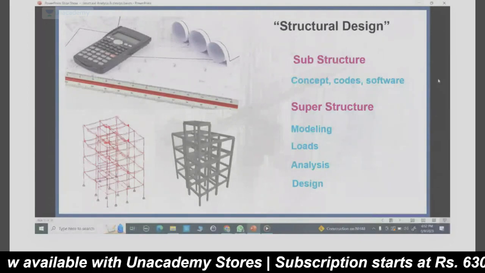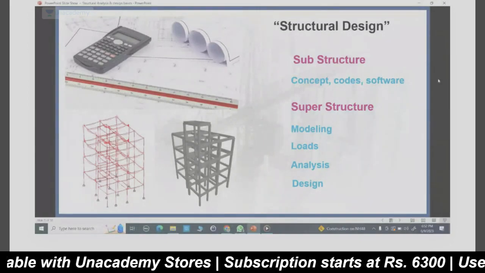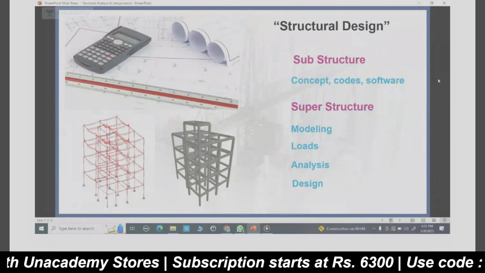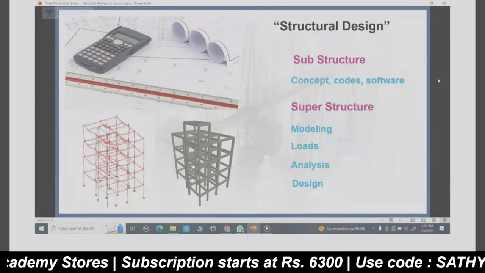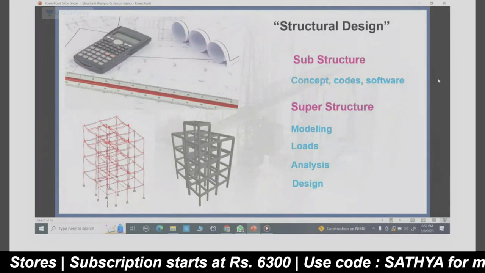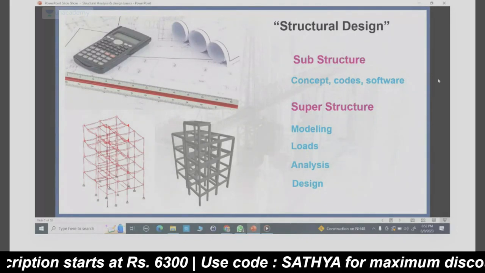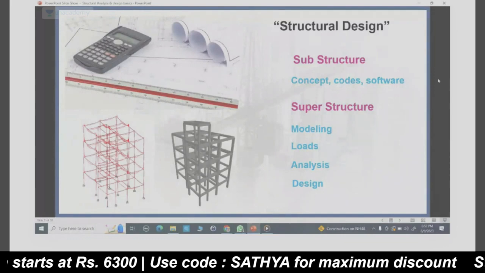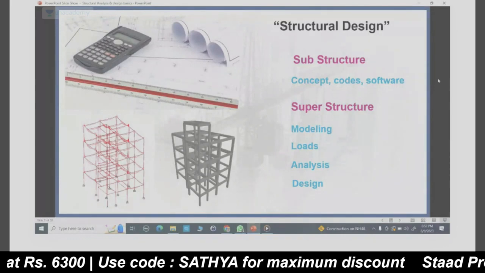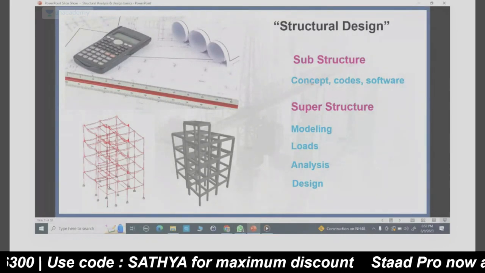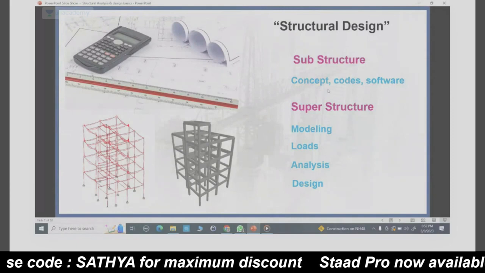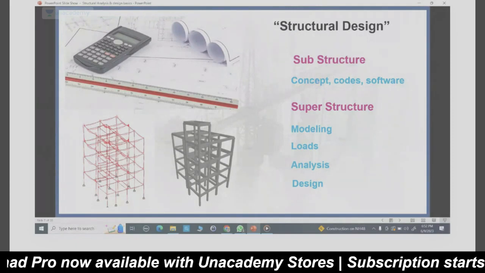That means there are many things. We need to first choose the preliminary size of the structural member. That is the main thing. And then we need to choose the proper material, which comes under strength of material. And then analysis and then design. So this is the concept.